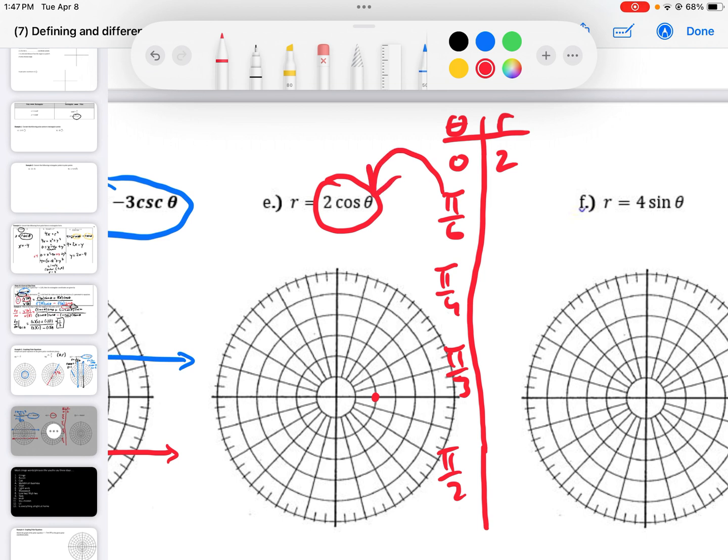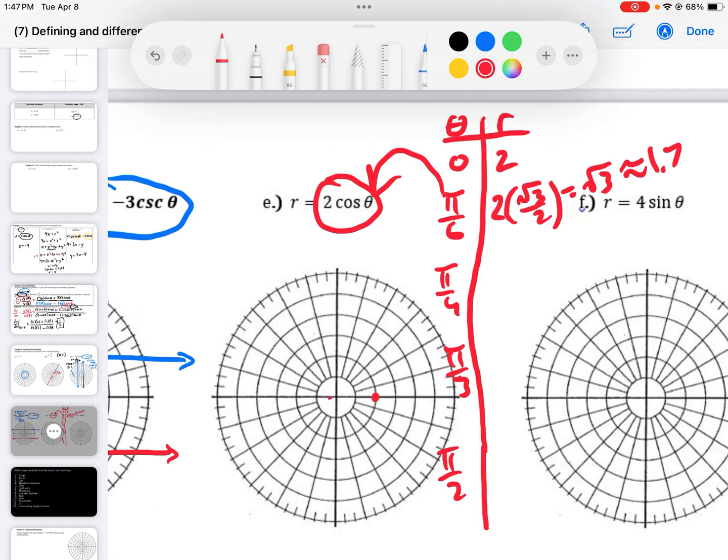Okay, so for the next one, I'm going to plug in theta is pi over 6. Cosine of pi over 6 is root 3 over 2. But I'm multiplying that by 2, so this is just root 3. And root 3 is about 1.7. So, okay, we said this is 1 pi over 12. This is 2 pi over 12.